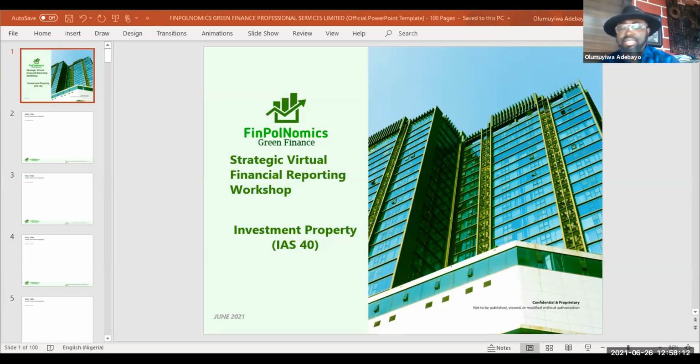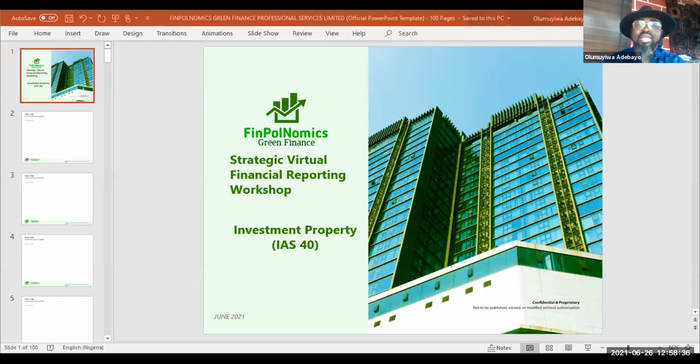Next, when we say owner-occupied property, these are properties held primarily by the owner for administrative purposes or for production or supply of goods and services, and they fall under PPE, under IAS 16.